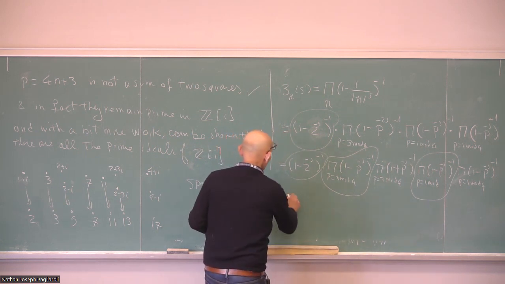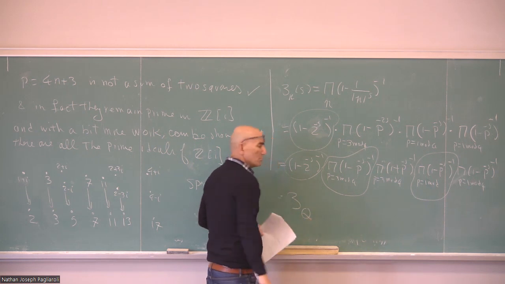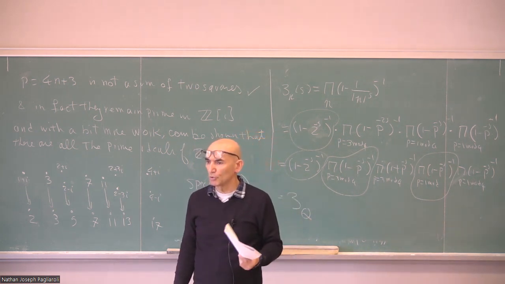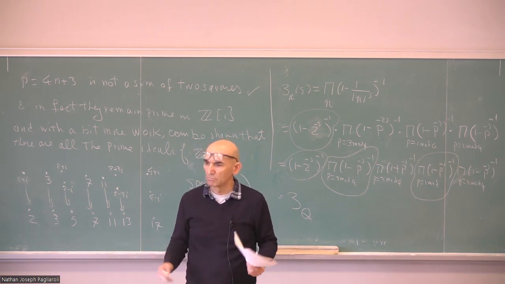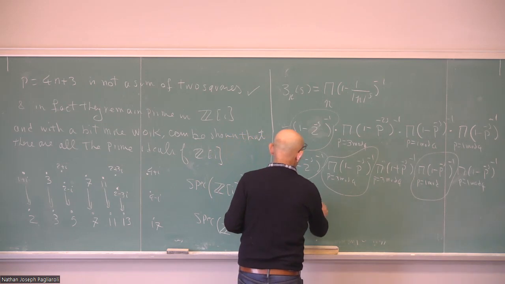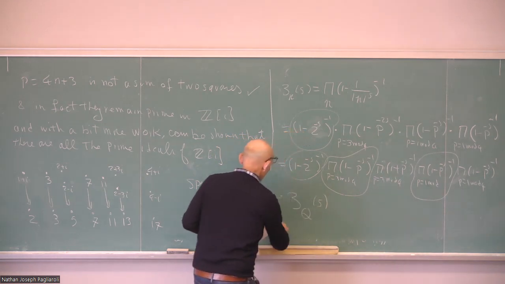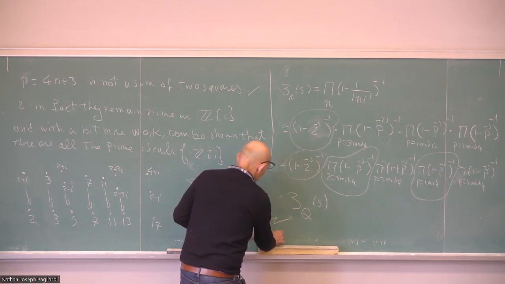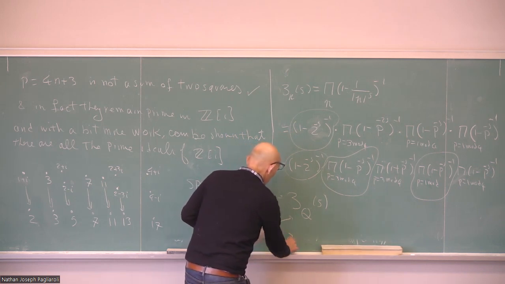Because according to our formula, the zeta function of Q is the Riemann zeta, which I want to write as zeta Q, just now emphasizing that. This is Riemann zeta.